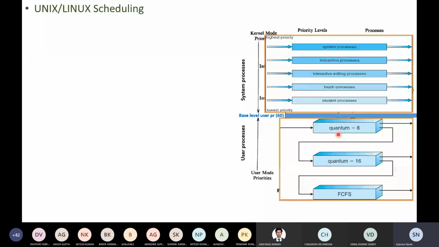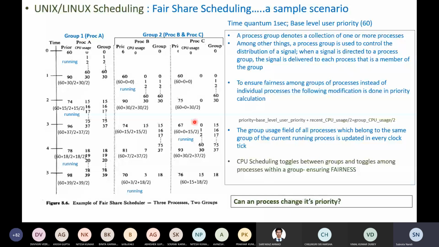So this is the last slide, where we say, think of this situation where there are user 1 and user 2, and user 1 has spawned one process, process A, and user 2 has spawned two processes, process B and C. So after all there are three processes, but two processes belong to user 2 and one process belongs to user 1.